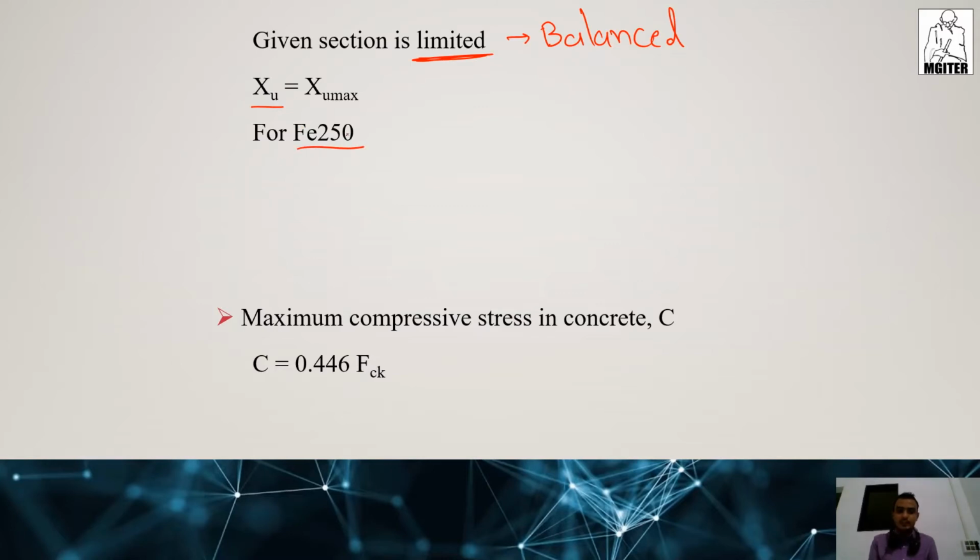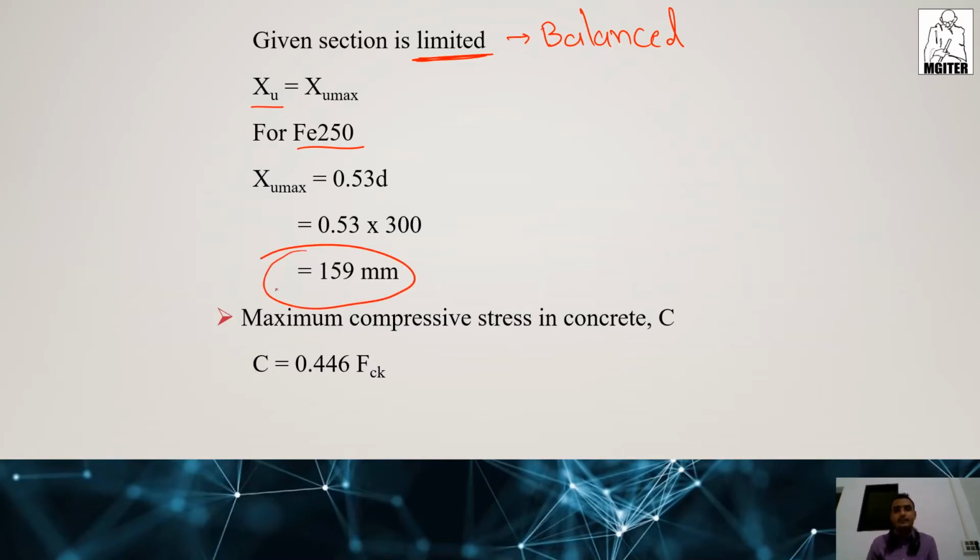We have Fe250 grade of steel, so xu max is 0.53d. Here d means effective depth: 0.53 into 300, which is 159 mm. This is the neutral axis depth, 159 mm.